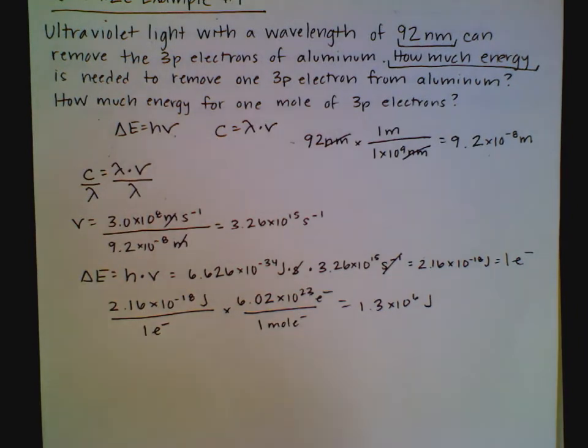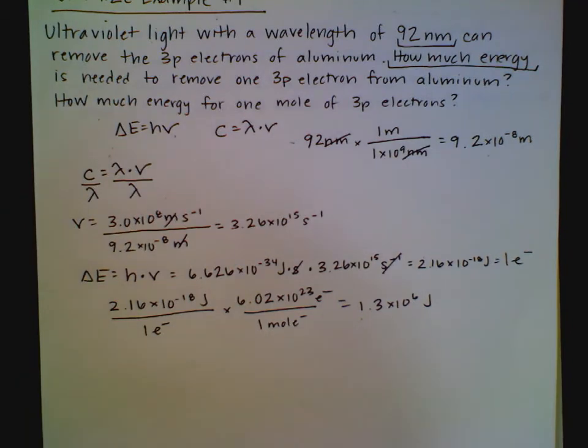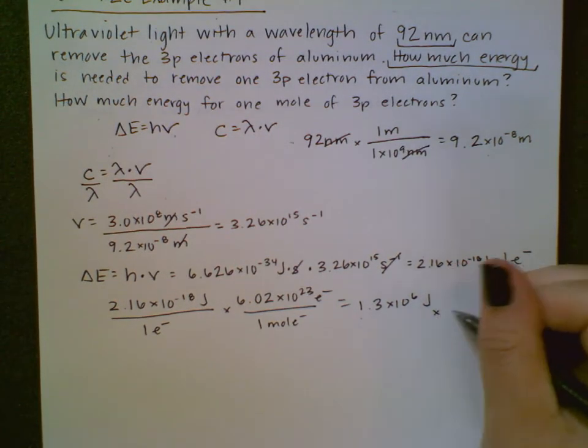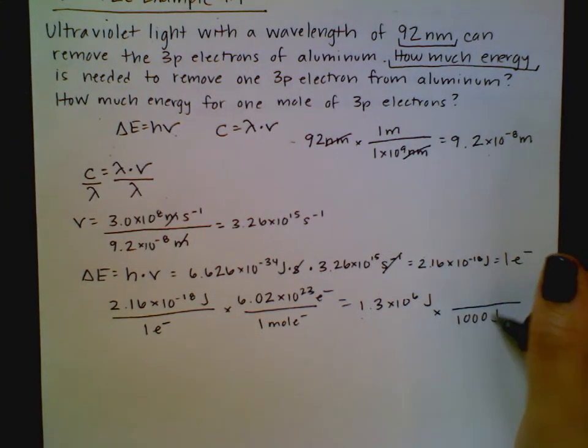Sometimes what will happen is they will put something in kilojoules instead. And so I'll show you that. 1.3 times 10 to the 6 joules, if I wanted to convert that to kilojoules, there are 1,000 joules in 1 kilojoule.